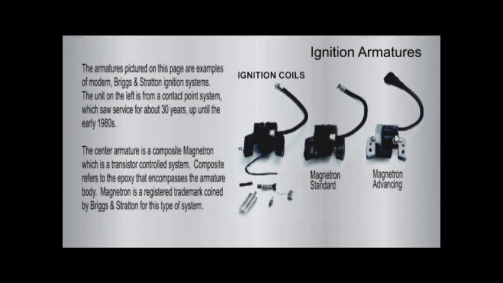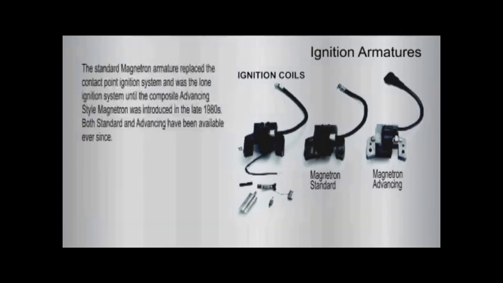Magnetron is a registered trademark coined by Briggs & Stratton for this type of system. The standard magnetron armature replaced the contact point ignition system and was the lone ignition system until the composite advancing style magnetron was introduced in the late 1980s. Both standard and advancing have been available ever since.